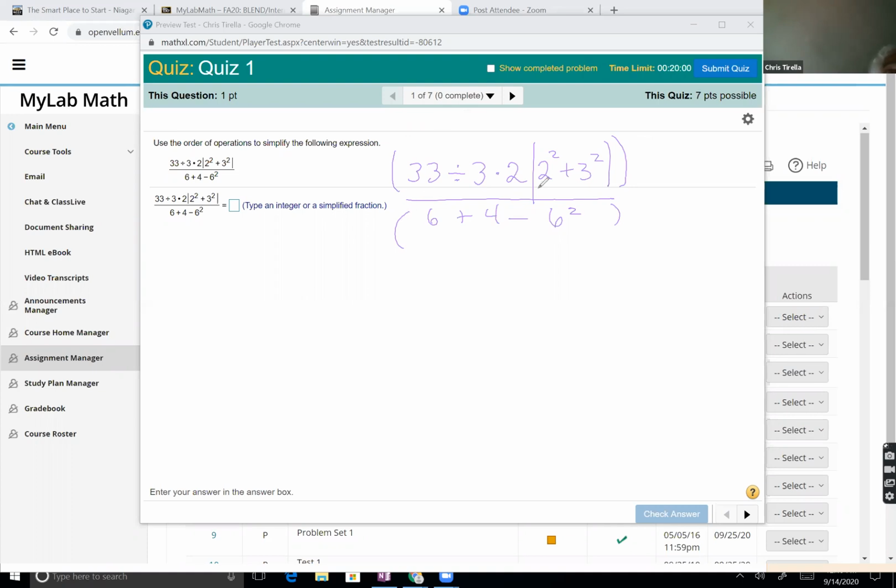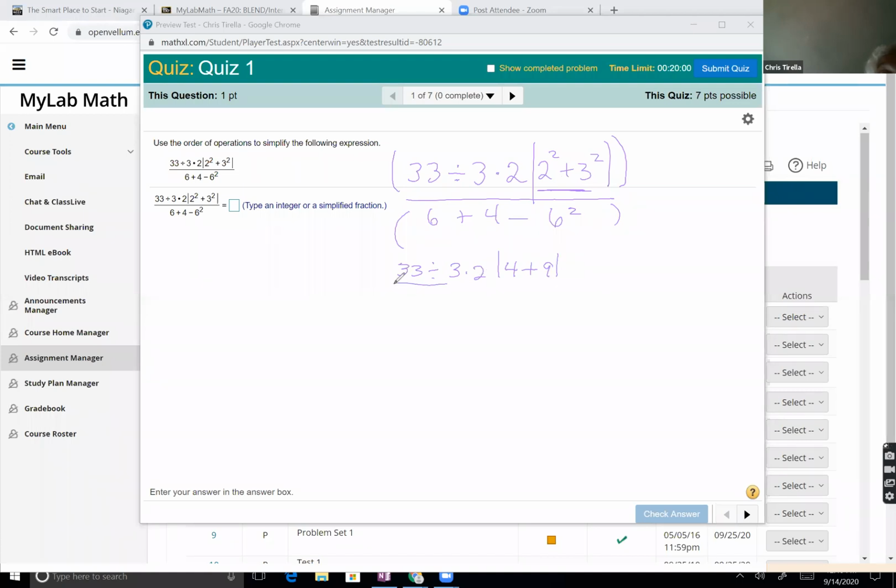In the numerator, work inside. Inside brackets, well, rather than brackets, I have these absolute value symbols. Inside there, I have exponents, so I'll do that first. So this becomes 33 divided by 3 times 2 times the absolute value of, that becomes 4 plus 9.